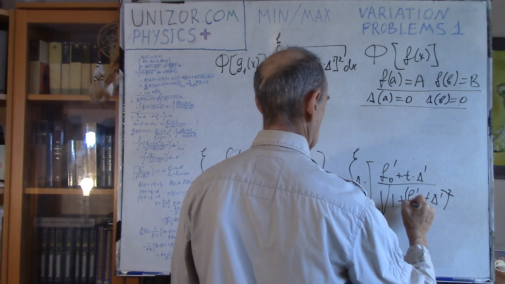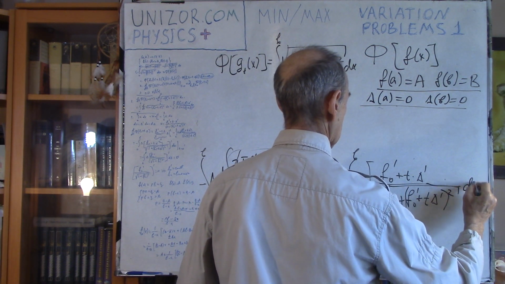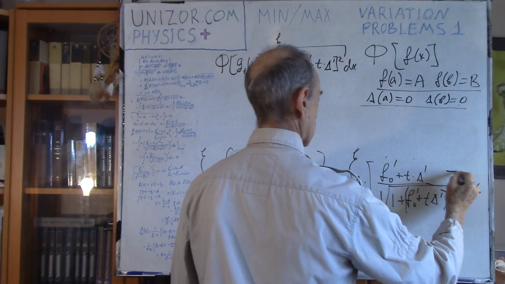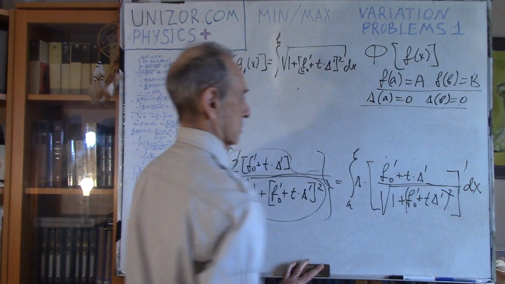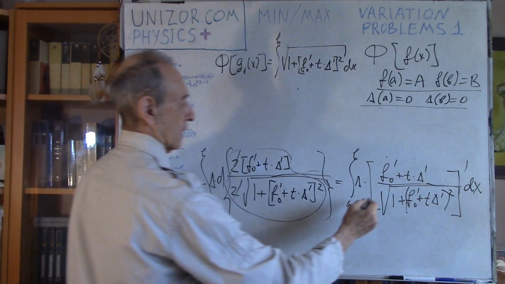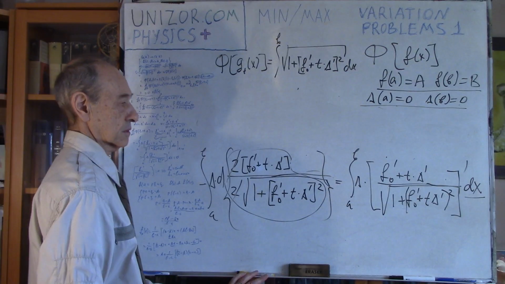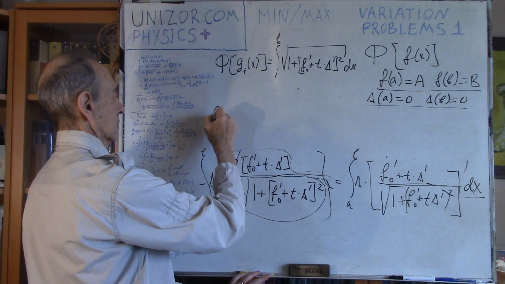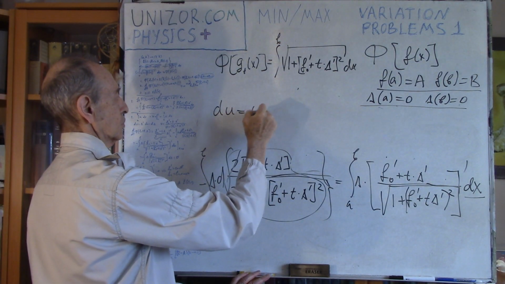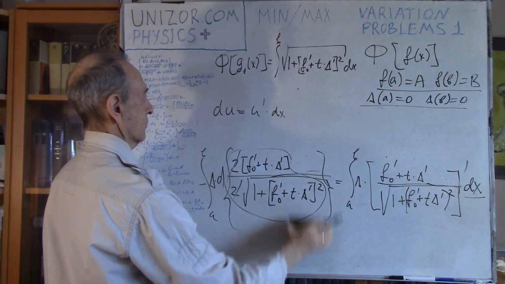squared, and square root, and dx and derivative. So instead of the differential of this function, I use the derivative of this function times the differential of the argument. Again, same thing. du is equal to u prime times dx, where u is any function of x.